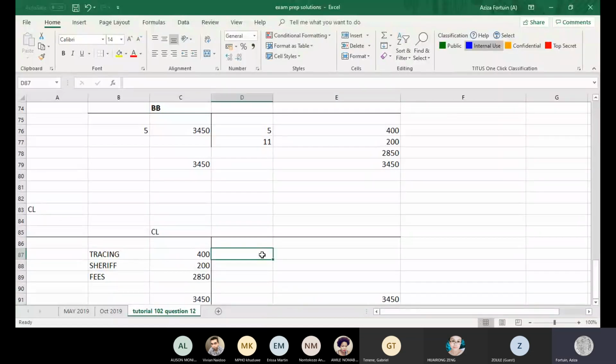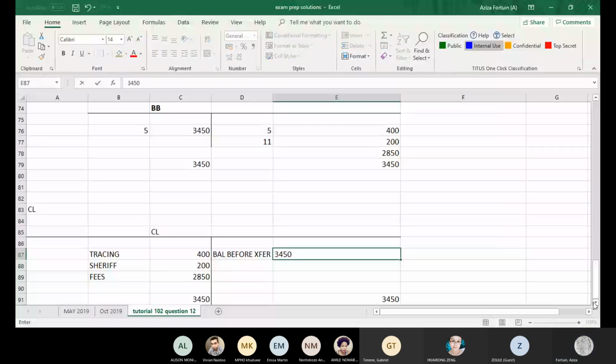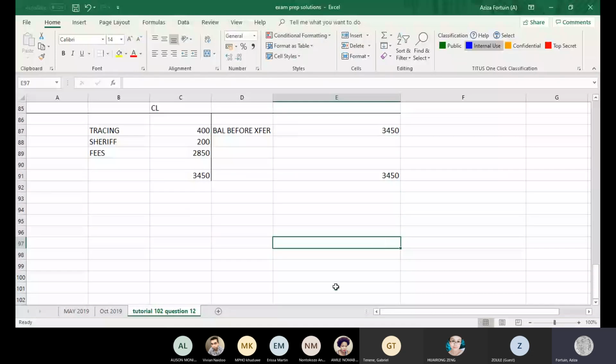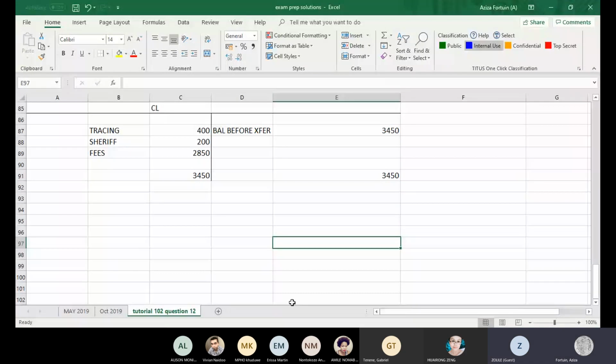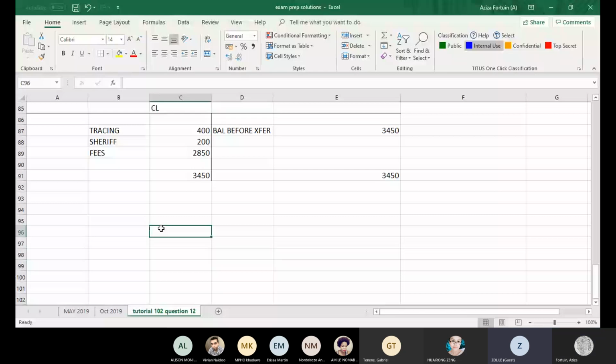So our balance before the transfer would then be the 3450, the same as our client control account. Can you hear me? Okay, everybody with me on the client ledger? Yes.